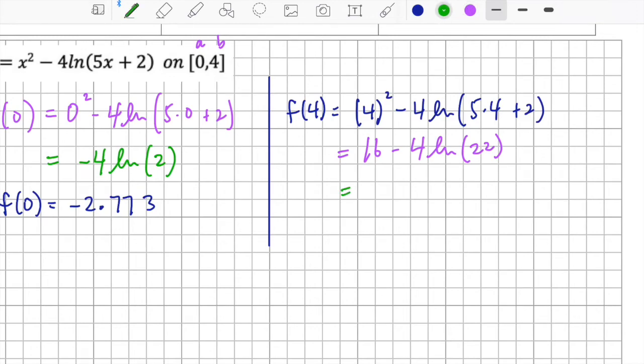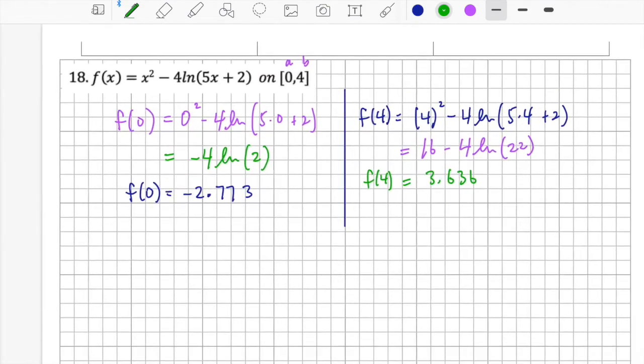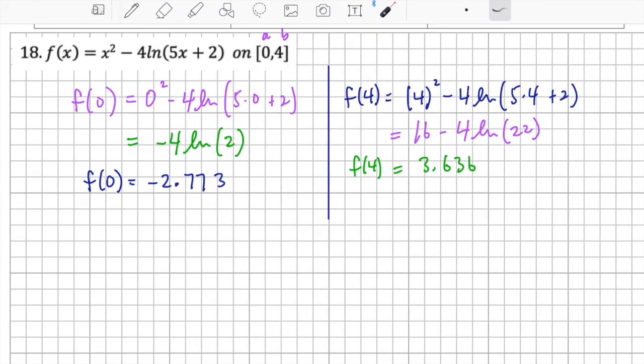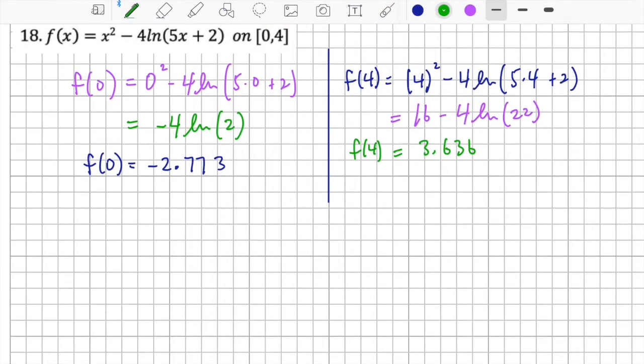Now we plug it into our calculator, and we get 16 minus 4 natural log of 22, and we get that f of 4 is 3.636. Now notice, f of 0 is negative, f of 4 is positive. That tells me that by the intermediate value theorem, there's going to be a c in the interval from 0 to 4 that's equal to 0.